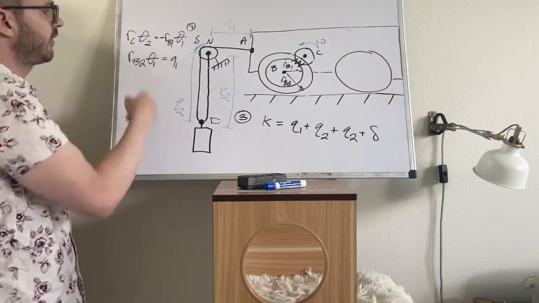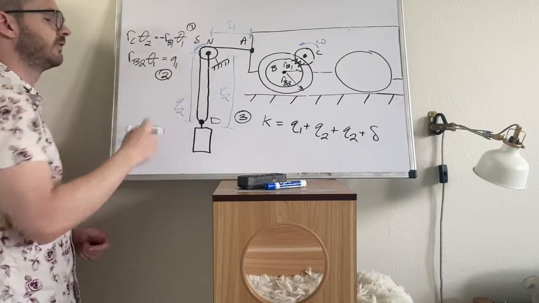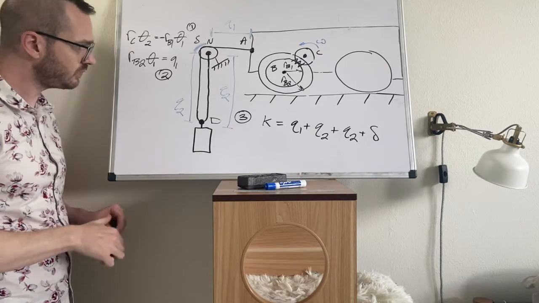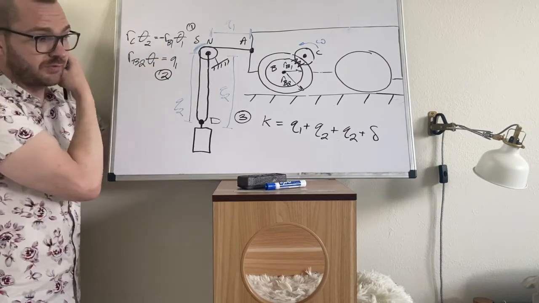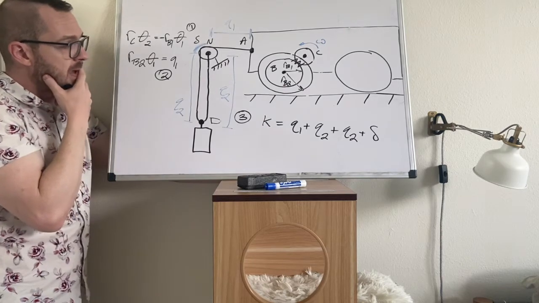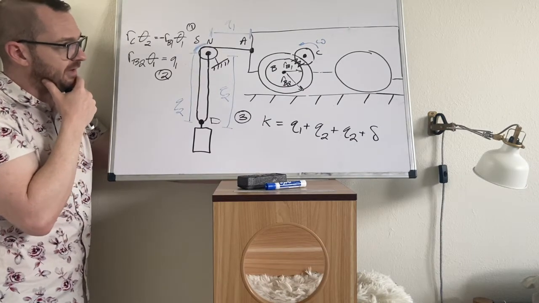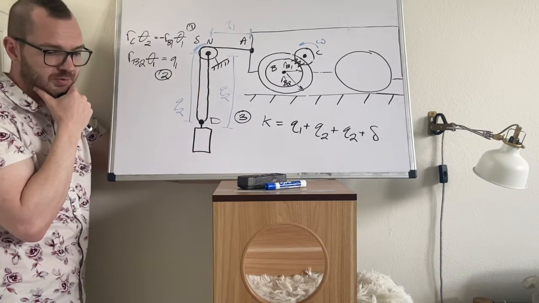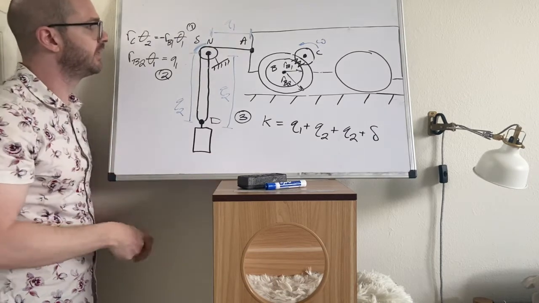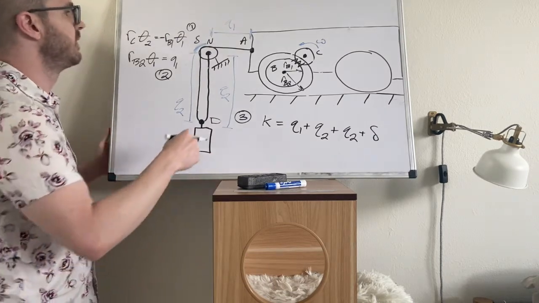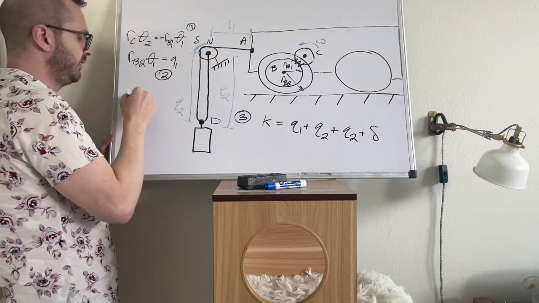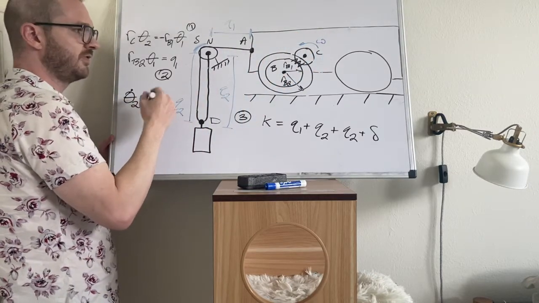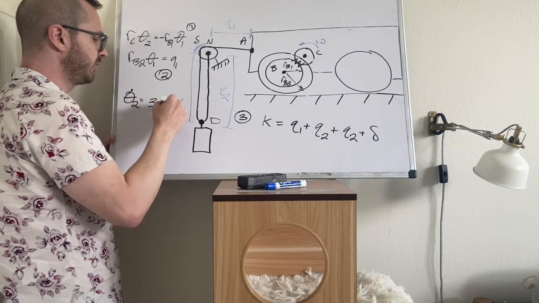So here are our 3 constraint equations. We had 4 GCs, we have 3 constraints, so 1 degree of freedom. All right. Let's say the homework problem tells you that this thing is rotating, so that's going to be theta 2 dot, at 3 radians per second.